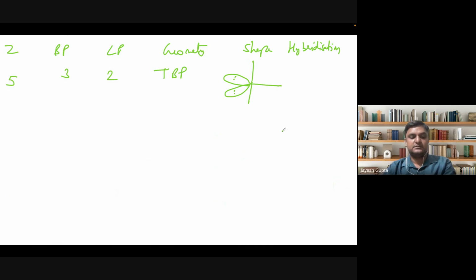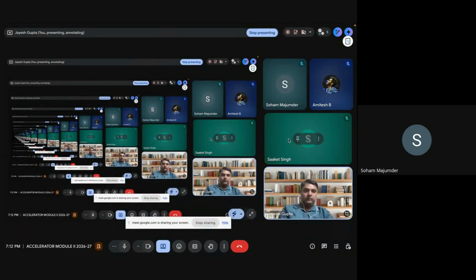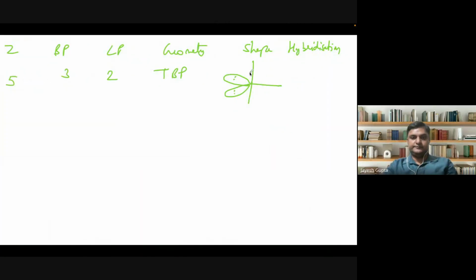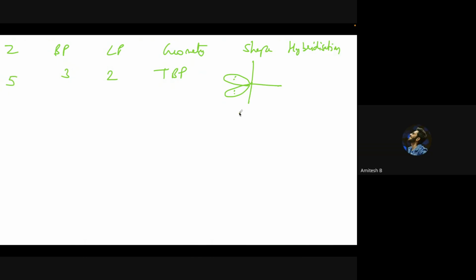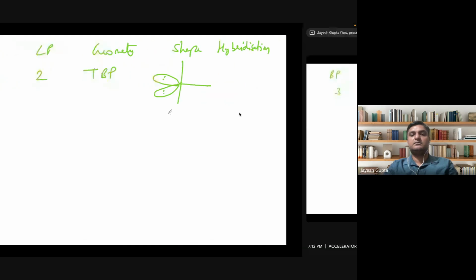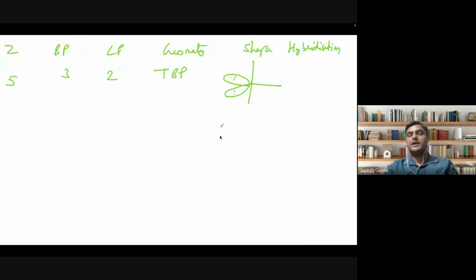It is very easy. Sir, pyramidal. I am telling that two lone pairs I have kept in equatorial position, the third will be bond, and the other two bonds I have made axial. For shape, I do not take lone pair into account, I only see bond pair. So according to bond pair, what is the shape of this? Sir, bipyramidal.